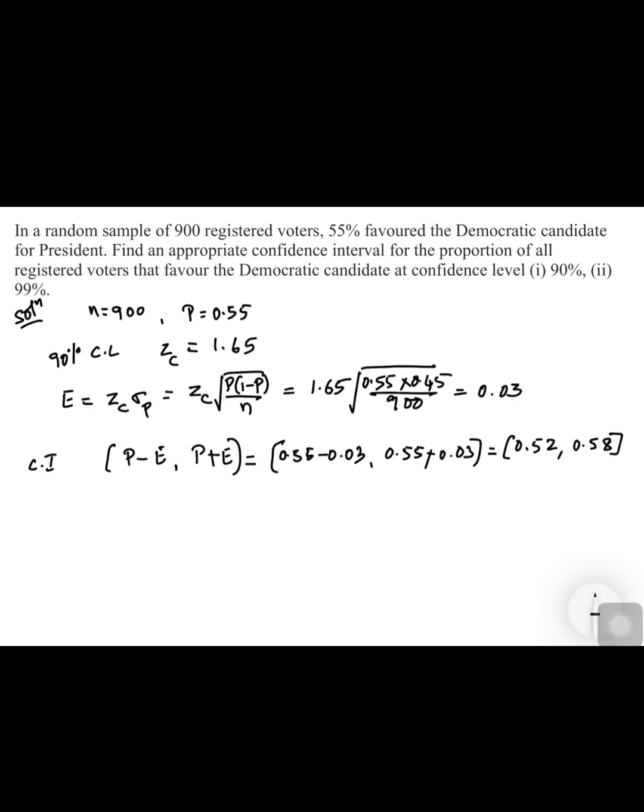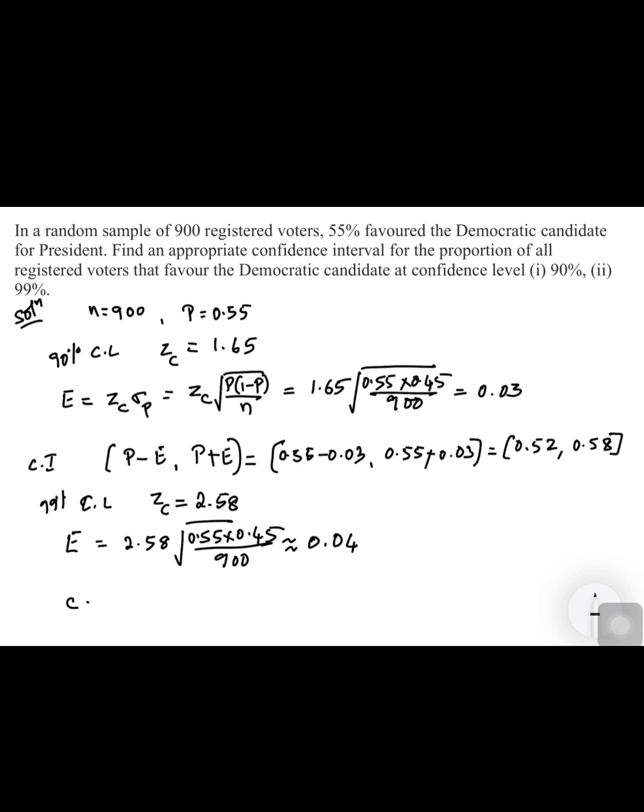which gives us the interval to be equal to 0.52 comma 0.58. Similarly, at 99% confidence level, zc is given by 2.58, and using the formula, E can be calculated as 2.58 into root of 0.55 into 0.45 over 900, which gives approximately 0.04.